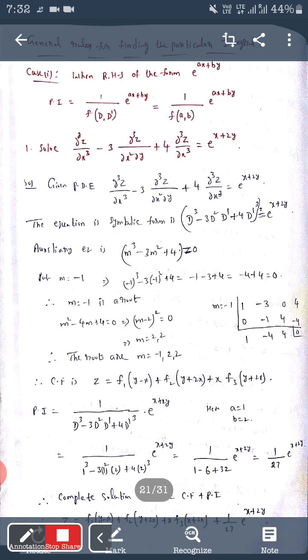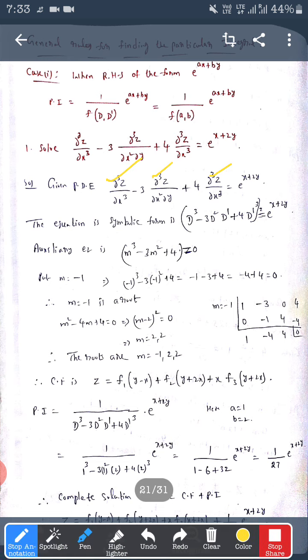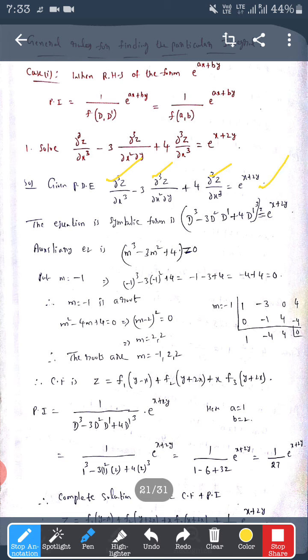Therefore, here also first we write this equation in symbolic form. That means D cube minus 3 D square D dash plus 4 D dash cube is equal to e power of x plus 2y.